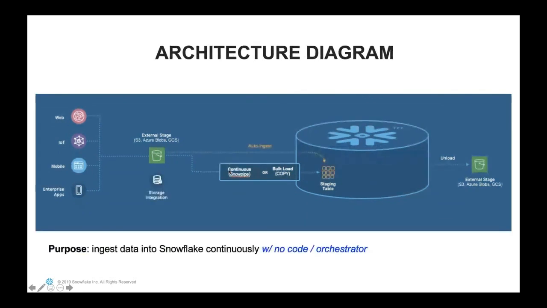However, with Snowpipe auto-ingest, we are automating that experience. Previously, you had to maintain code and use an orchestrator to execute those jobs, but Snowpipe removes the need to have to do any coding or have an orchestrator. It will automatically load data as it arrives into the blob storages.